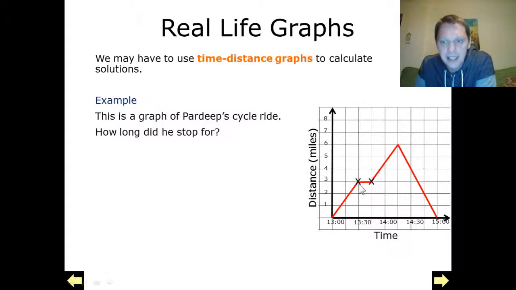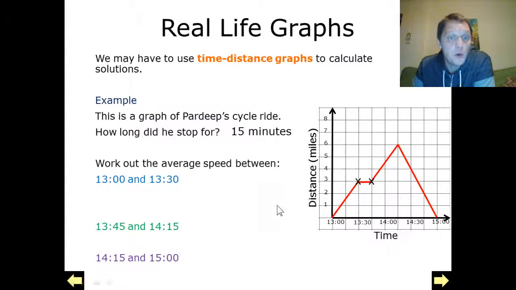This duration just here, where the line stays constant going horizontally, is the amount of time that Pardeep stopped for. So this would be 15 minutes, because going from 1:30 to 2 is half an hour, and this point here is half of that half hour, so that is 15 minutes.